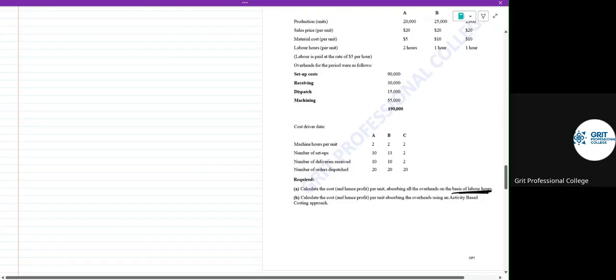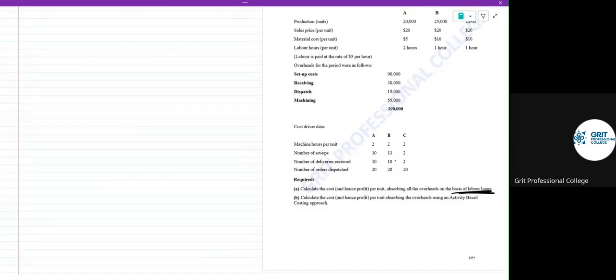In the question we are solving right now, in estimating the cost of the company's products, it says use the labor hour basis. By this time, you know the bases of absorption. In another question, they will tell you to estimate the cost of the company's product, assuming the absorption basis they use is the machine hours.